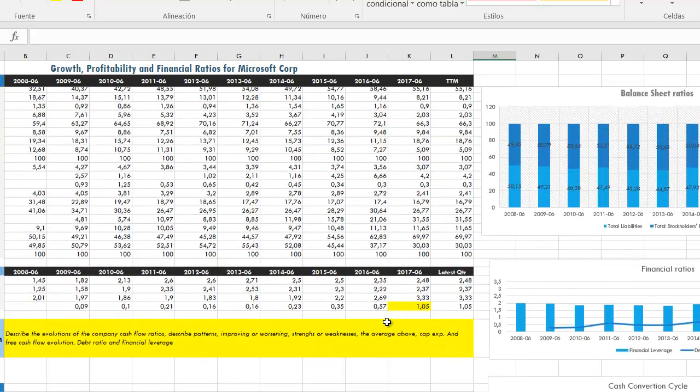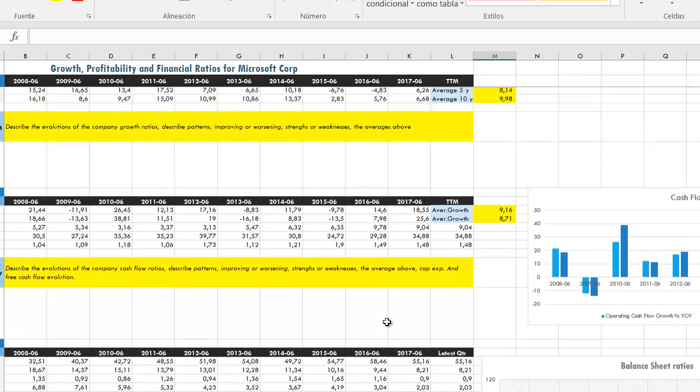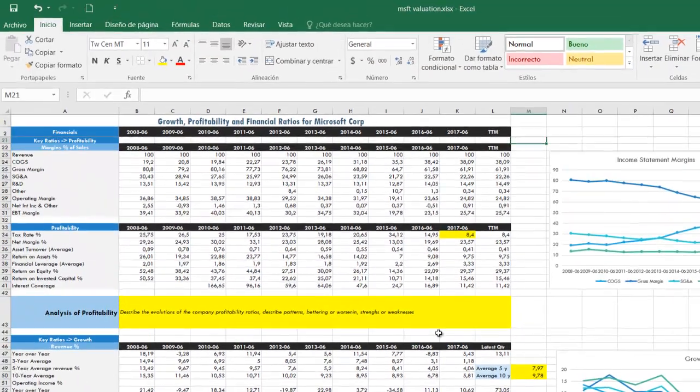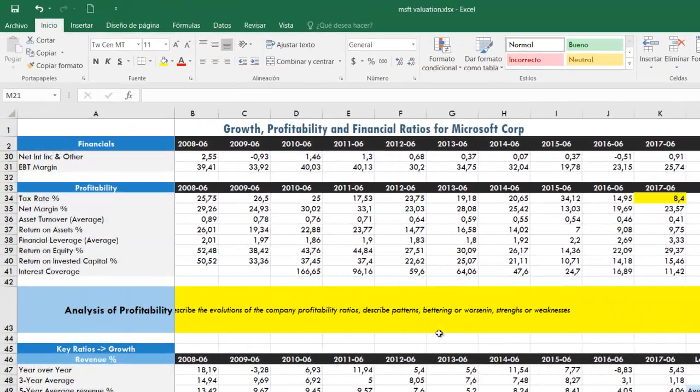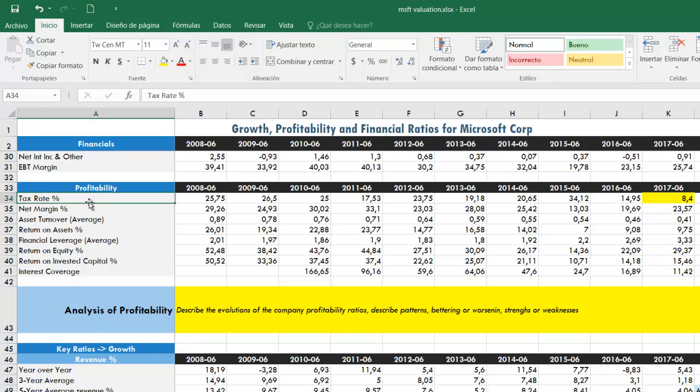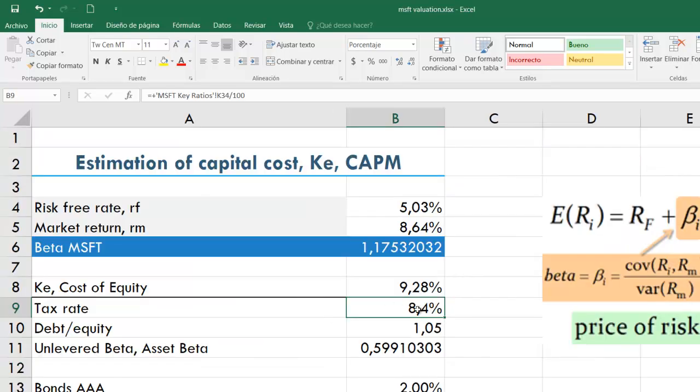You just need to browse into the profitability ratios. Under profitability, we have the tax rate as a percentage, and our last 12 trailing months is an average of 8.4%, so we type that percent here.